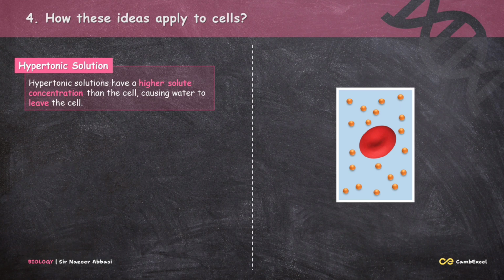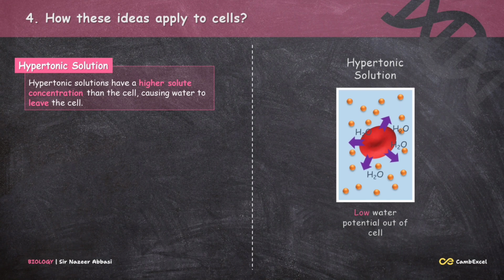So we could say that this hypertonic solution has a lower water potential outside of the cell, while there will be a higher water potential inside of the cell. So what consequently will happen? Water will leave the cells, and water will start going out of the cells, consequently it will cause cell shrinkage and the cell will shrink. So that's all about osmosis.